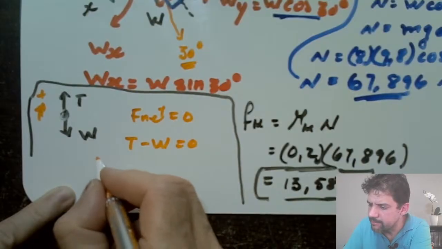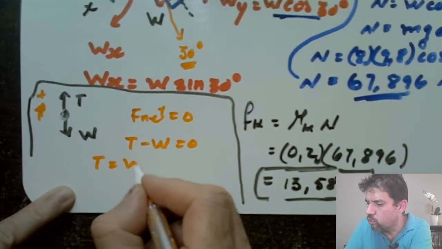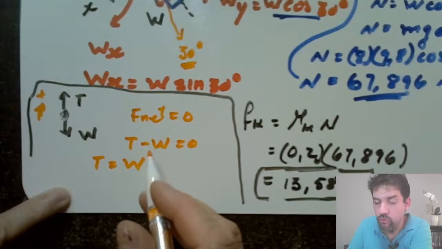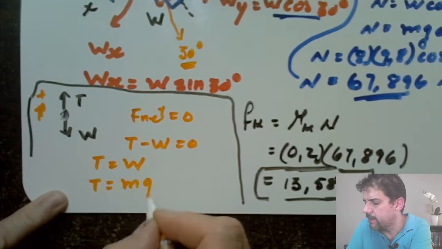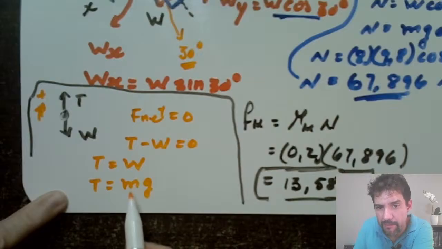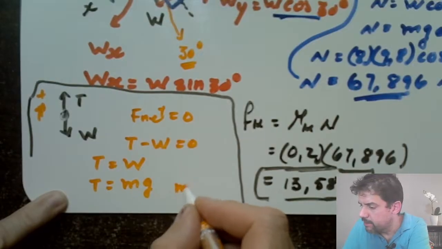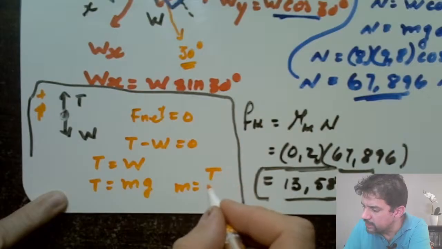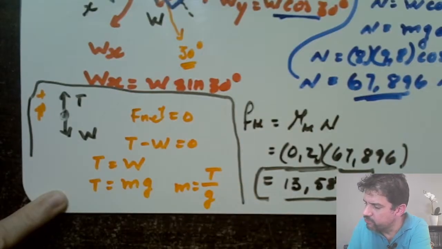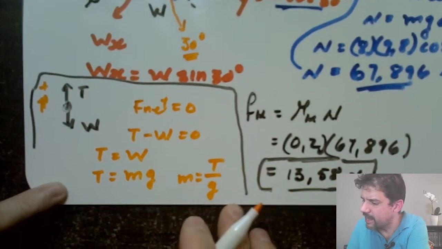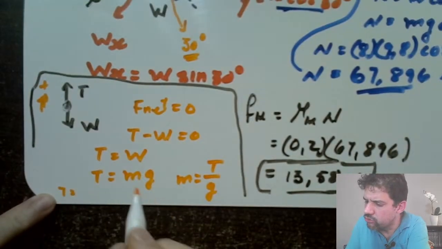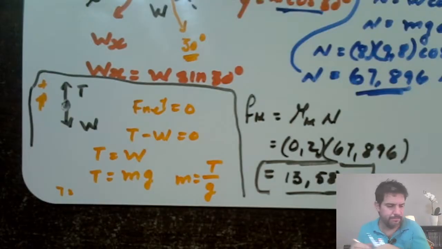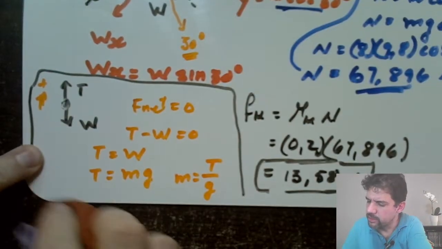So T is equal to weight if you rearrange, and weight is mg. So T is equal to mg. We are looking for m, so m is equal to T divided by g. If you substitute, I think I'll have enough space if I compress it a little bit.